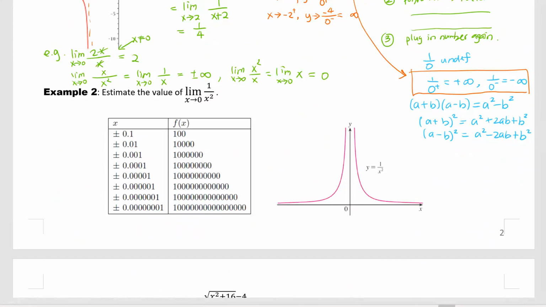So actually there are 3 ways to find limits. One way is to use a table. The second way is to plot the graph. And the third way is algebraically, so look at the formula of the function.